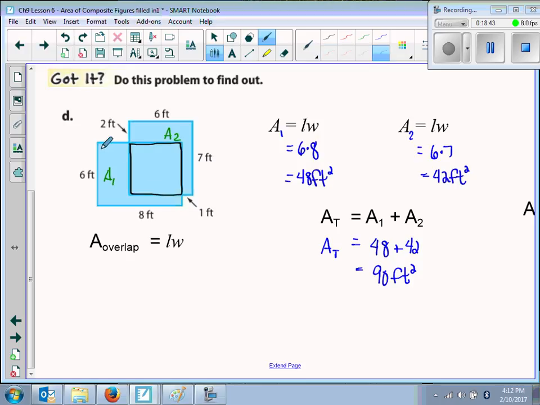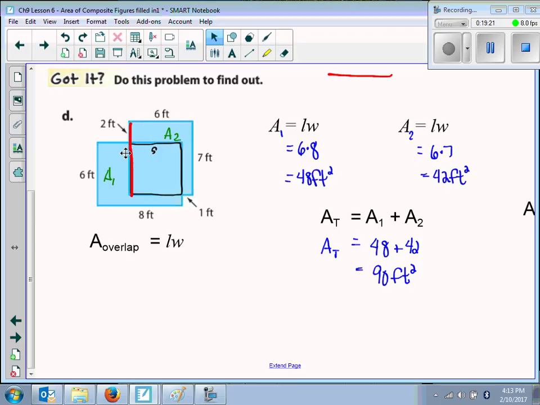So let's see, we've got this 6 minus 1, so that's going to give us 5. So that's going to be 5 right there. And then we've got the 7 right there.